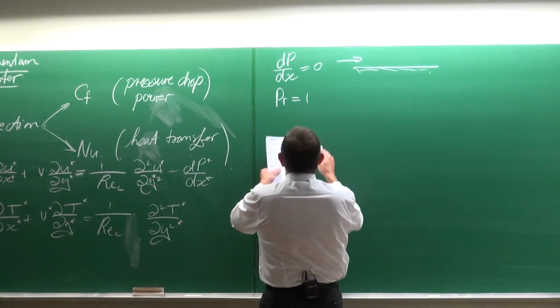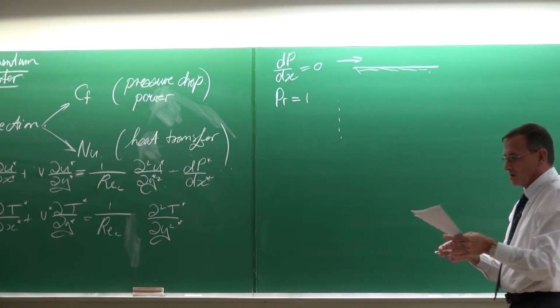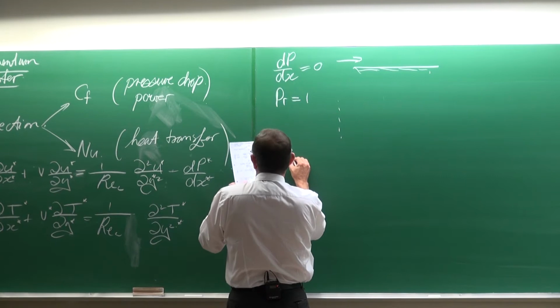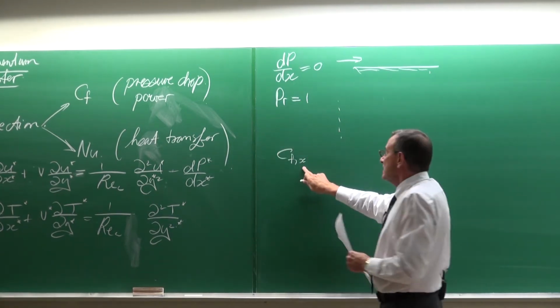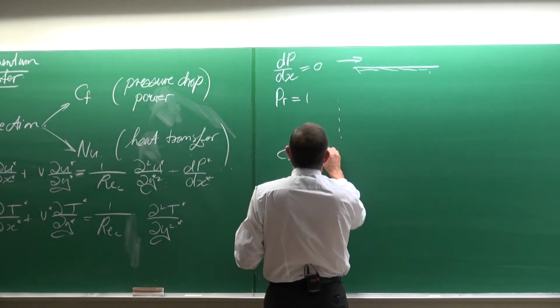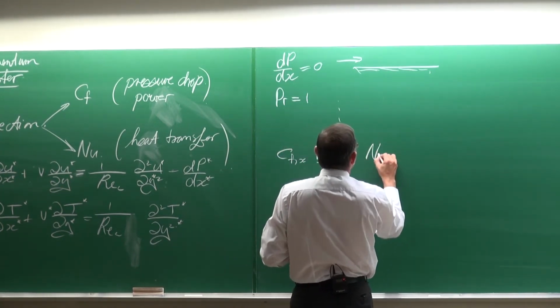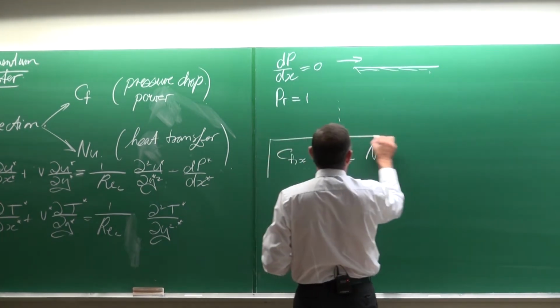Okay. I'm going to jump a few steps. The details are in your textbook. But the very important thing is it can now be proved that C_f,x, the local skin friction coefficient, multiplied by the Reynolds number divided by 2 is equal to the Nusselt number x, the local Nusselt number.